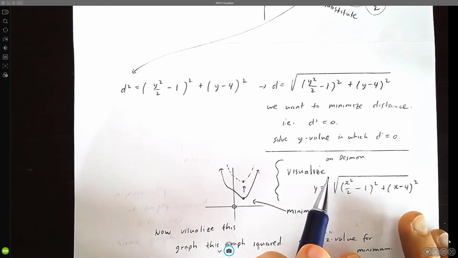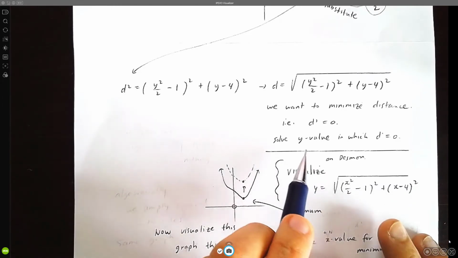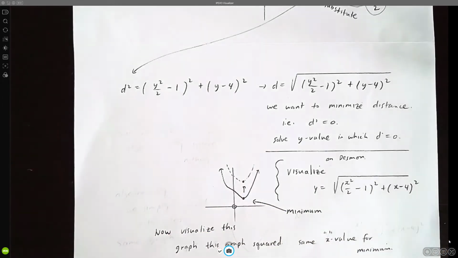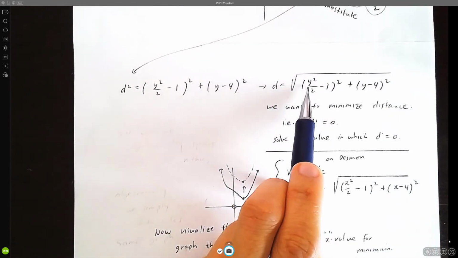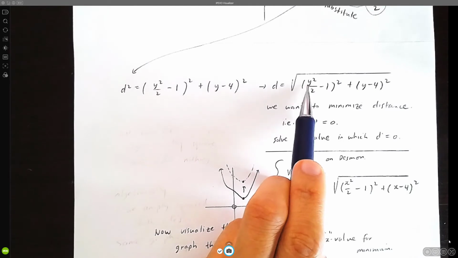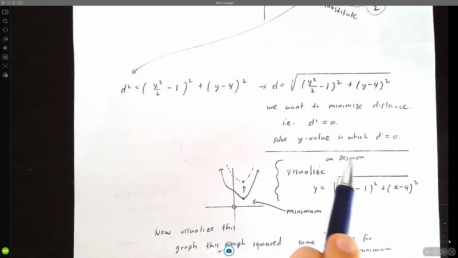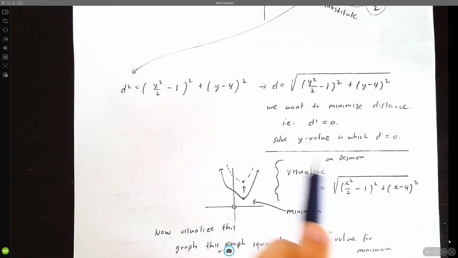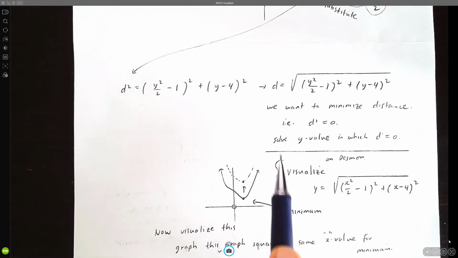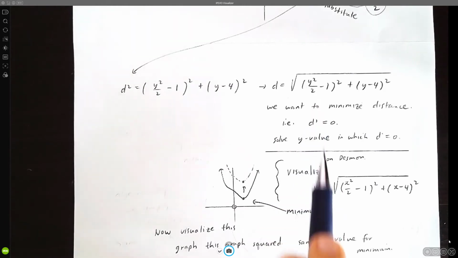But let's think some other way as well. What we're trying to do here is find this y value in which the derivative equals 0. Now I know that we're more used to x's and y's, so on this same graph, instead of d's I'm writing y, and instead of y's I'm writing x's.